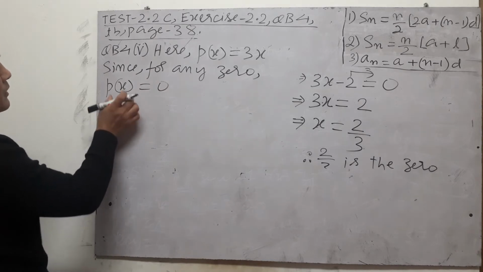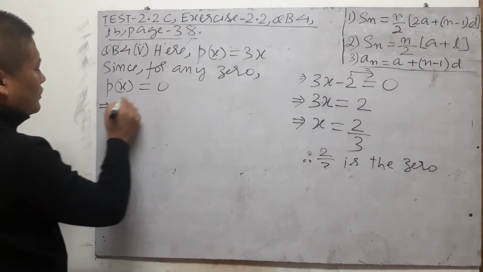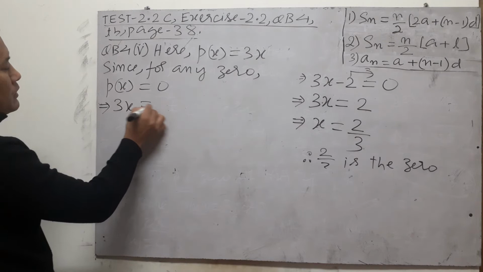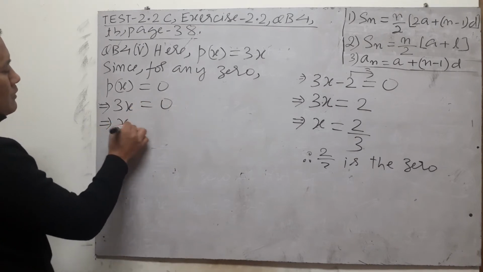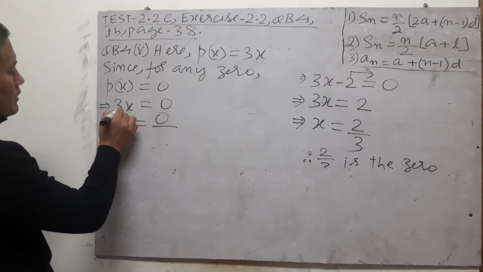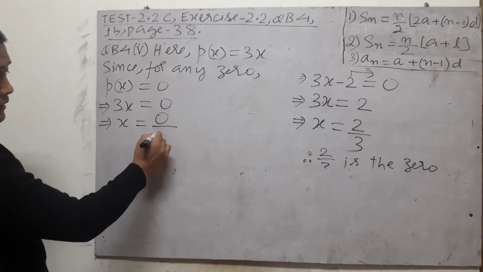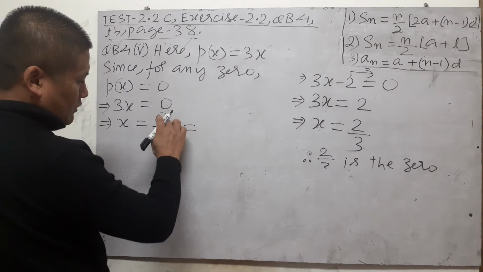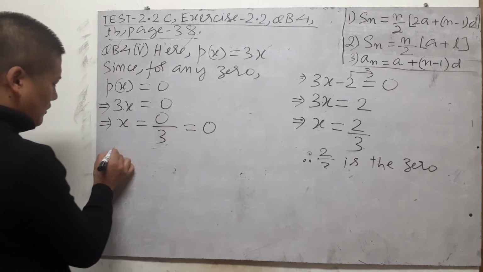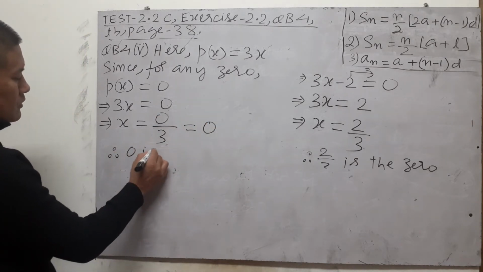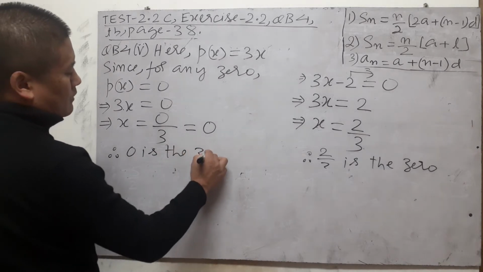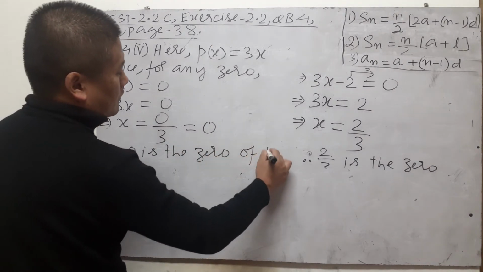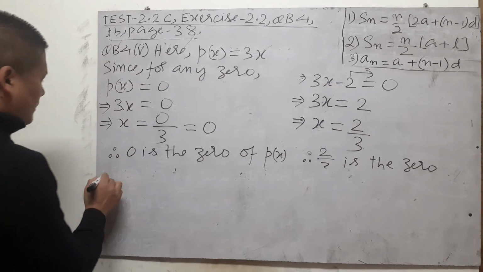So this p of x value, which is 3x, will replace the p of x here, equal to 0. So x equals 0 divided by this 3, which shifted to the right side goes down. And we know 0 divided by any number is always 0. Therefore, 0 is the zero of p of x.